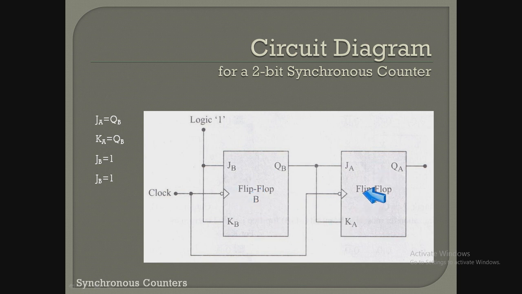So 0 1. On the next negative edge of the same clock pulse, this will be 1 and this will be 0. And similarly on the next negative edge, this will be 1, this will be 1. And after that, on the next negative edge, they will be 0 0, reset to restart the counting from 0.